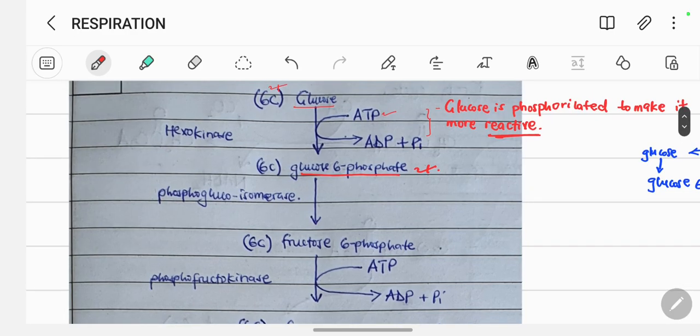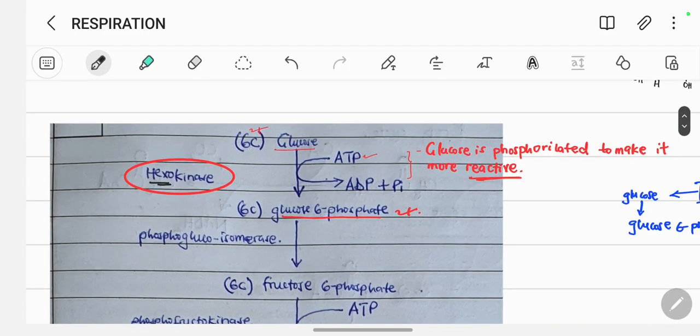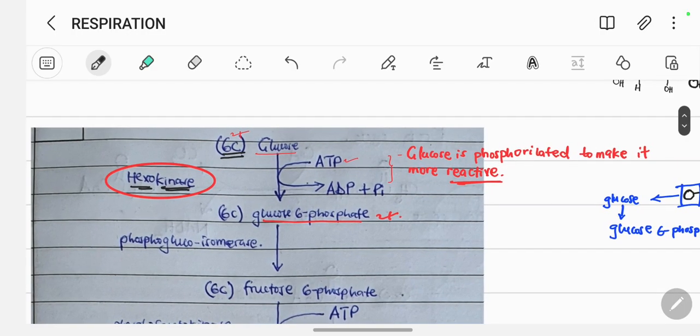I forgot to talk about this. This process is going to be catalyzed by hexokinase enzyme. So it's a hexokinase. How are we going to master the labeling? Hexo, because glucose is a 6 carbon compound. Then kinase, all enzymes that have that kinase part are enzymes that are dealing with ATP breakdown.